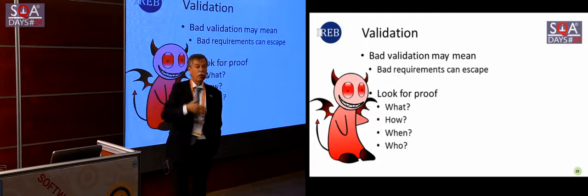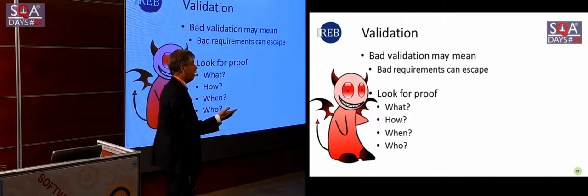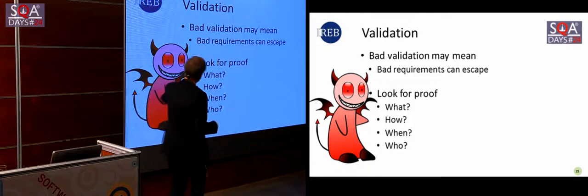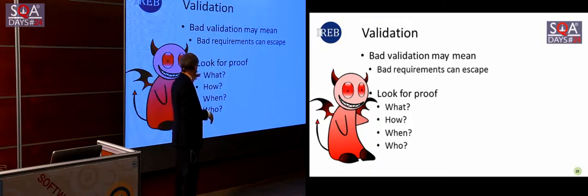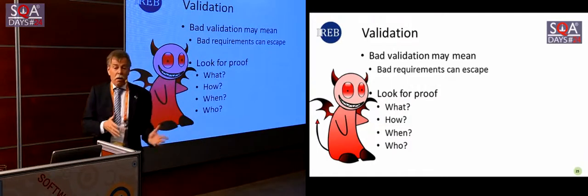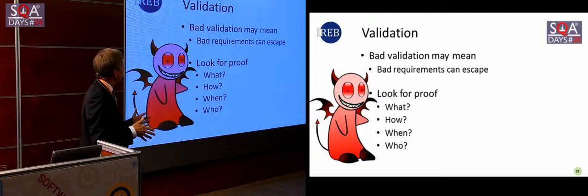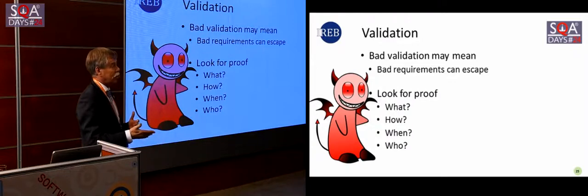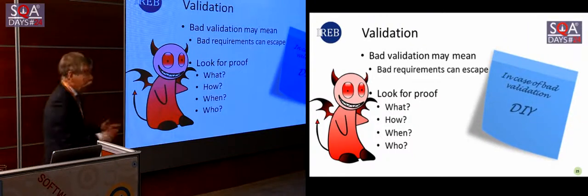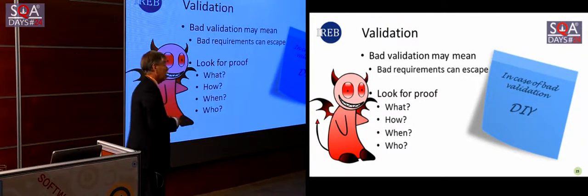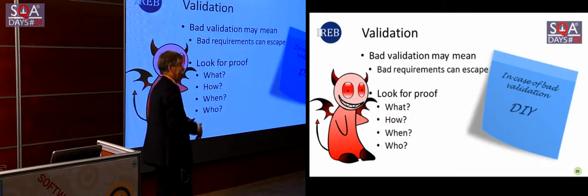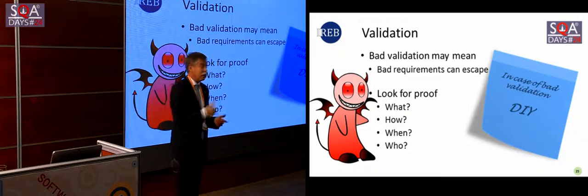See if there's some documentation about reviews that have been done, or approvals that have been given. Who did it? When was it done? How was it checked? What was checked? So, as a tester, you could look for proof that validation has been carried out in a proper way. And if you find out there was a bad validation, do it yourself. You're a tester. You can, at least these documentation things, you can capture.